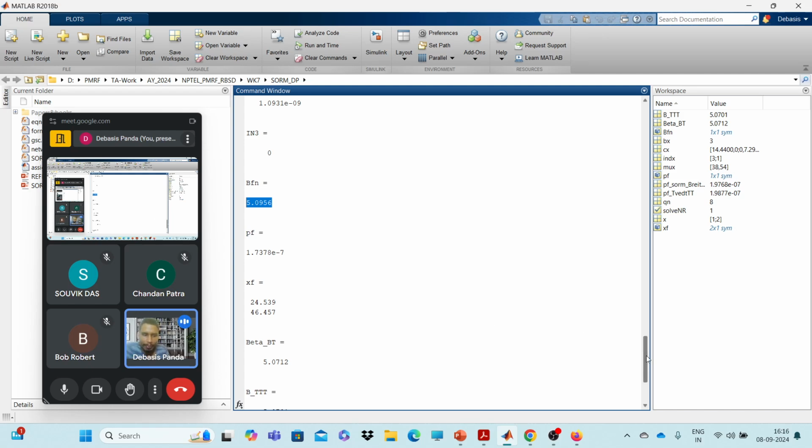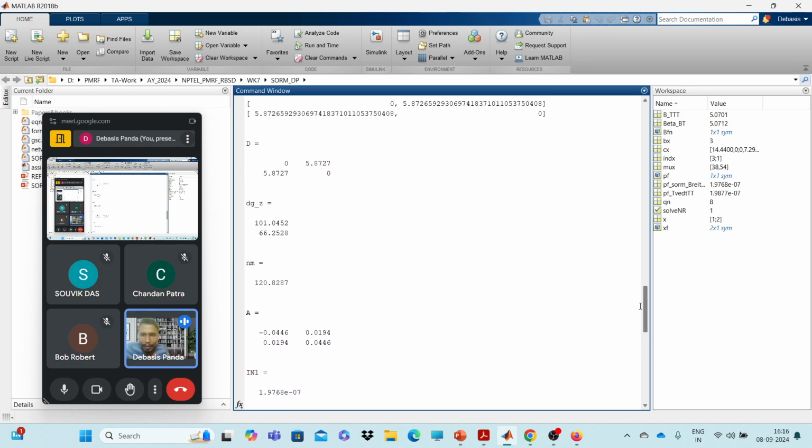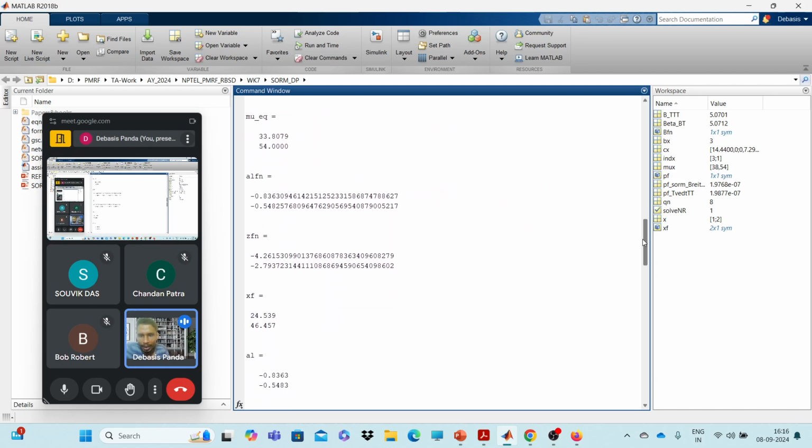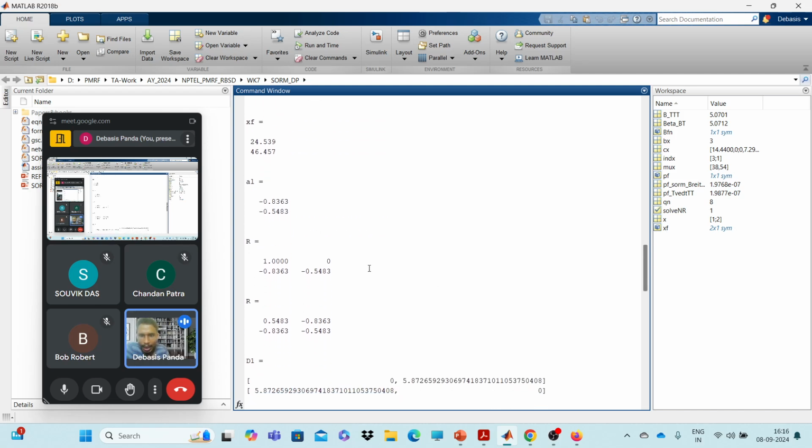Now once we have these alpha values, look step by step, it has already calculated. Once we have the alpha values, first it constructed the R naught matrix, right? It has constructed the R naught matrix whose last row is nothing but the alpha values. So our code is right.